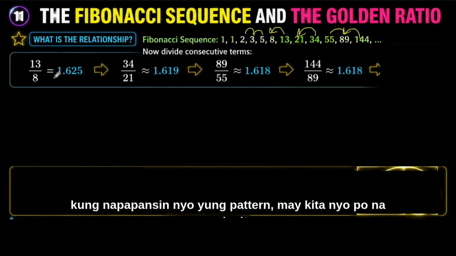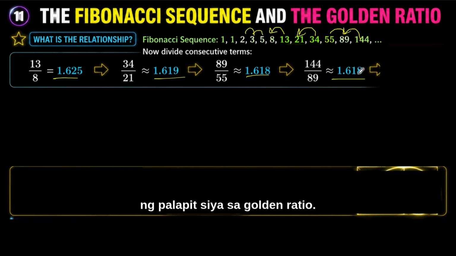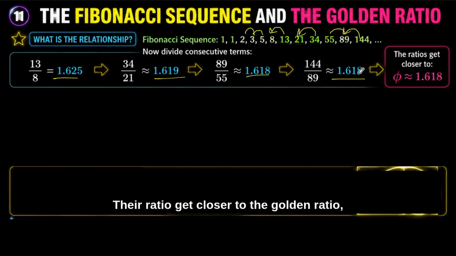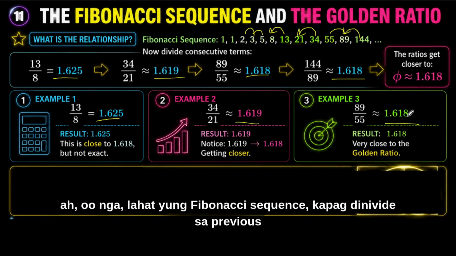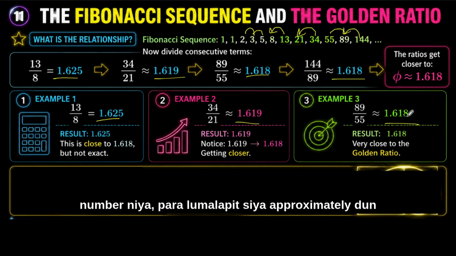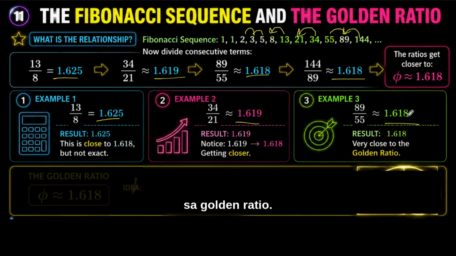So, kung napapansin nyo yung pattern, makikita nyo po na palapit ng palapit siya sa golden ratio. That's their relationship. The ratio gets closer to the golden ratio, which is 1.618. Okay? So, kung i-verify mo, tignan mo mabuti sa calculator mo, oo nga, lahat ng Fibonacci sequence, kapag dinivide sa previous number niya, parang lumalapit siya approximately dun sa golden ratio.